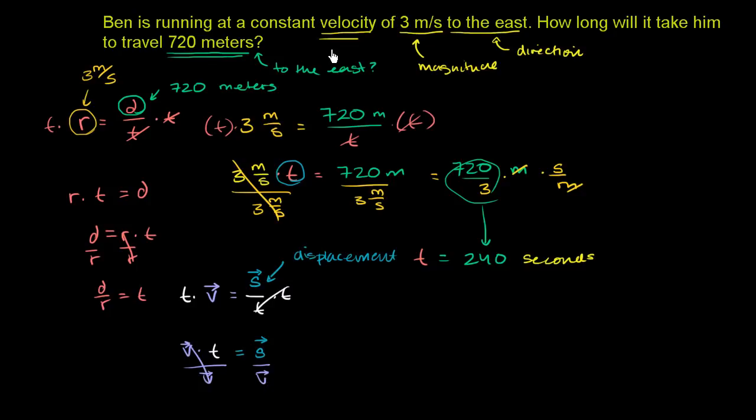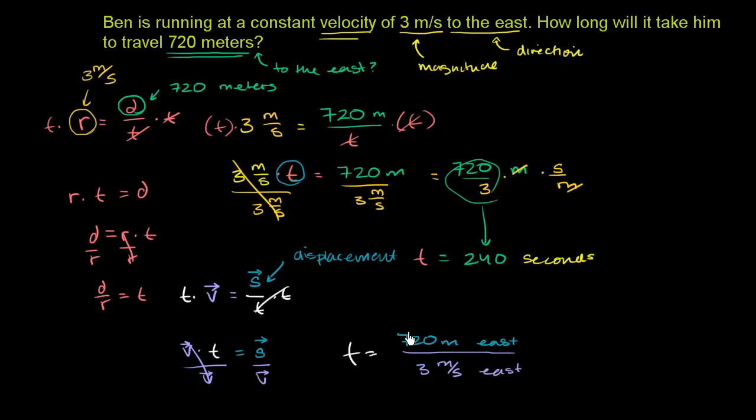And so we can apply that to this right over here. Our displacement is 720 meters to the east. So in this case, our time is equal to 720 meters to the east, our displacement, and we want to divide that by the given velocity. They give us the velocity of 3 meters per second to the east.